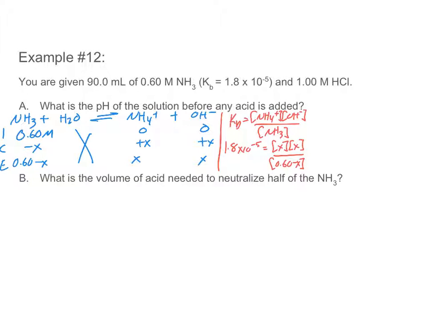We are going to assume that the X is incredibly tiny, and as a result of making that assumption, we're just going to go ahead and solve. So when all is said and done, I get a value for X that is equal to 0.00327, which is also equal to OH minus.